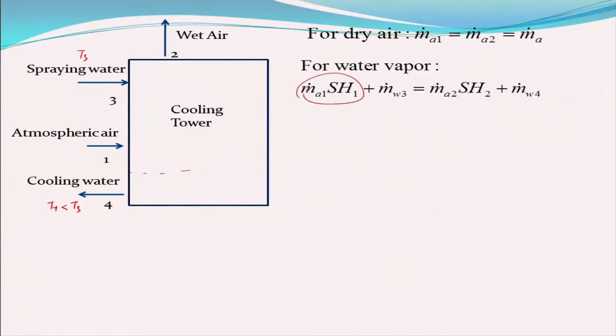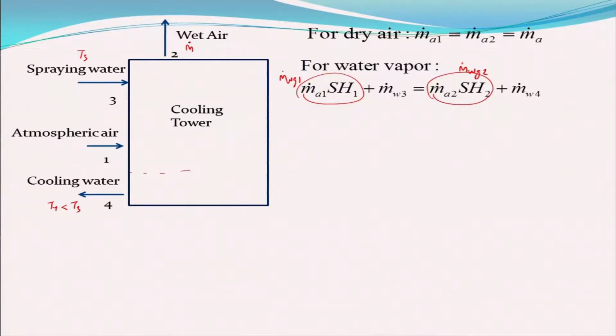This portion is nothing but your m_w g1, coming with the atmospheric air entering the tower, plus the amount of spray water coming in, m_w3, simple water, nothing else. This is warm water, and it is equal to m_a ω2, the amount of water vapor going out at this point.